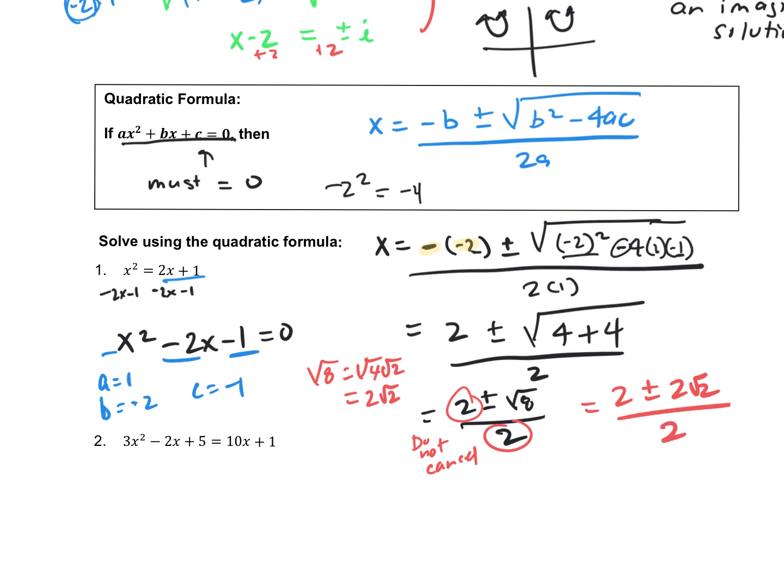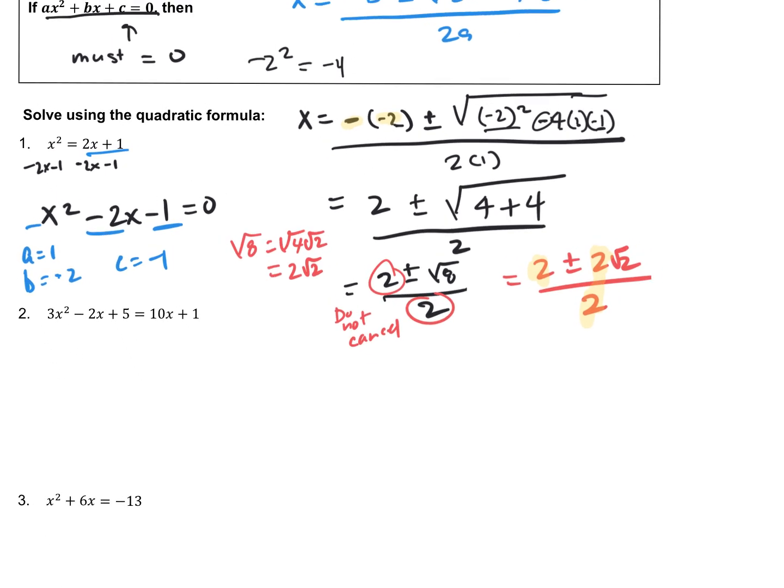Now, if you see that you have something in common here, here, and here, then you can cancel. I want to make sure you understand what you're doing. You're going to factor a 2 out at the top. Okay, so if I take 2 divided by 2, I get a 1. Oops, I'm going to highlight.